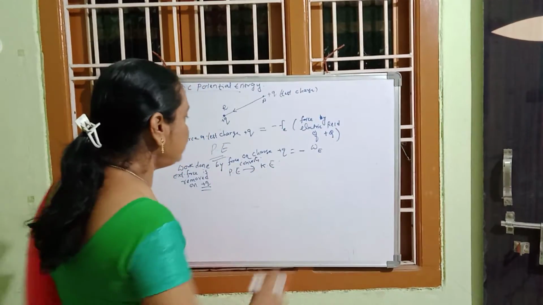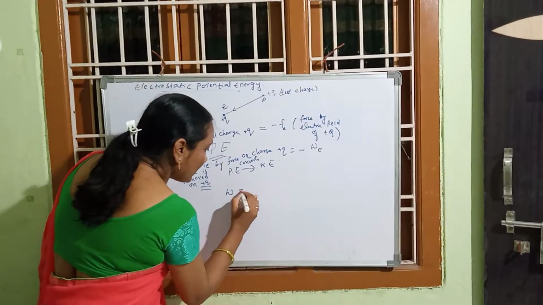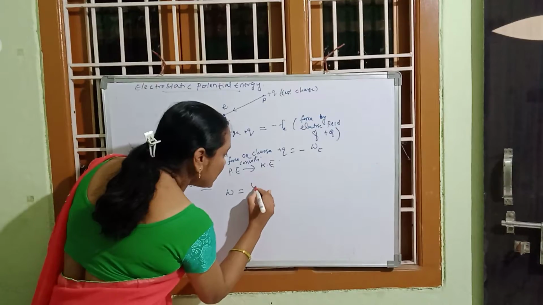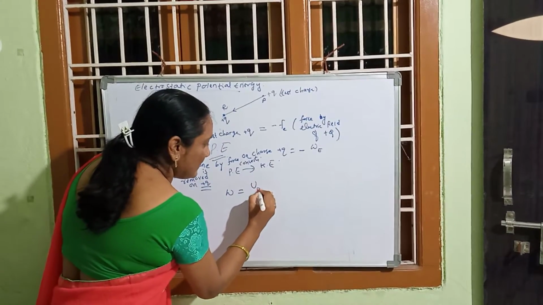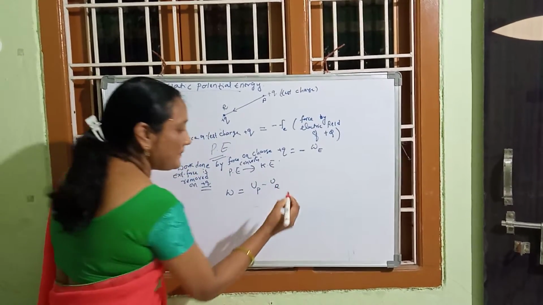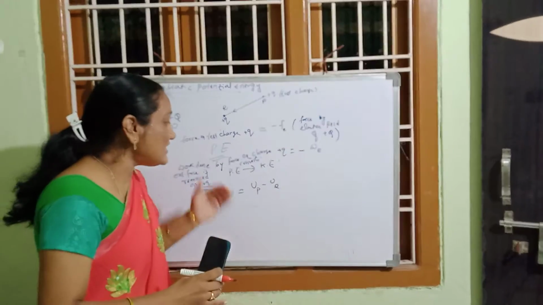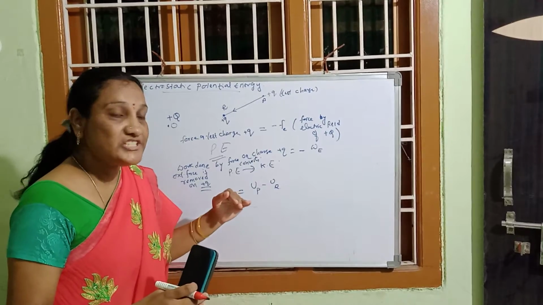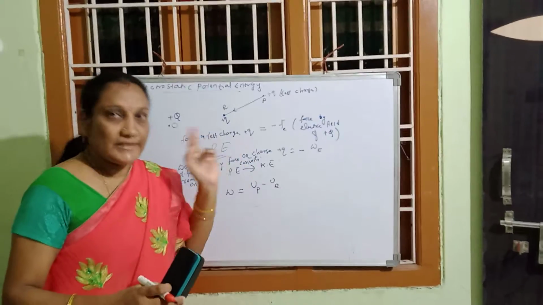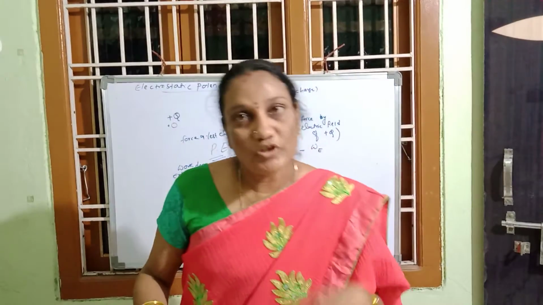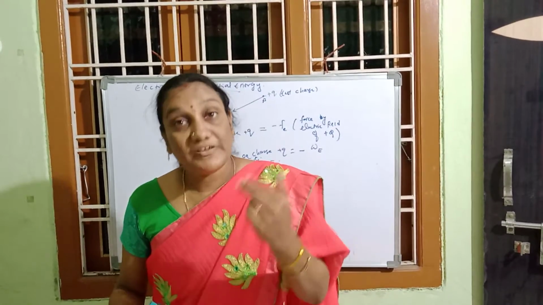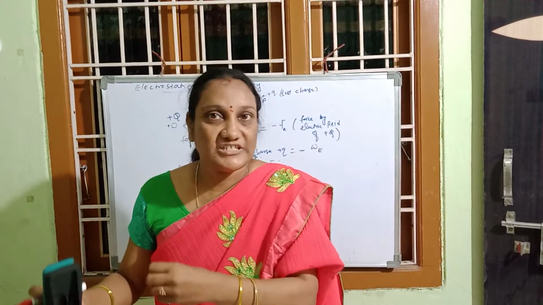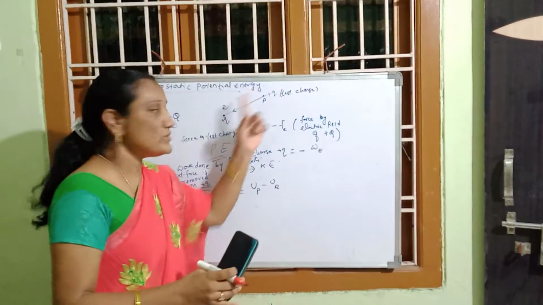Now this work done can also be written as the difference in potential energies. Let there be two points P and R. This work done can also be taken as equivalent to the difference in potential energies in moving a charge between two different points.